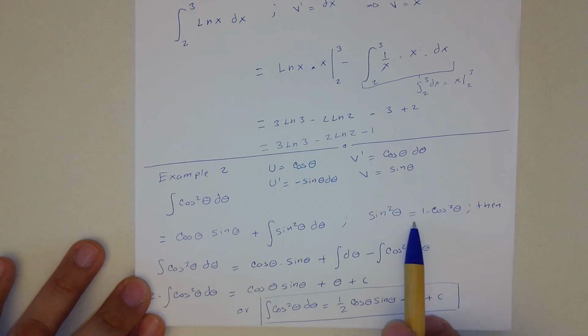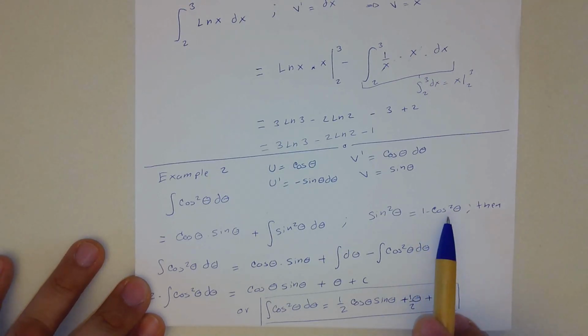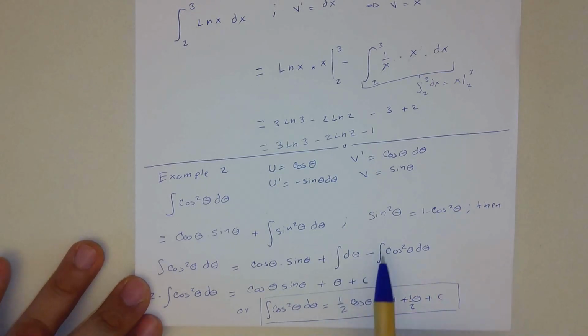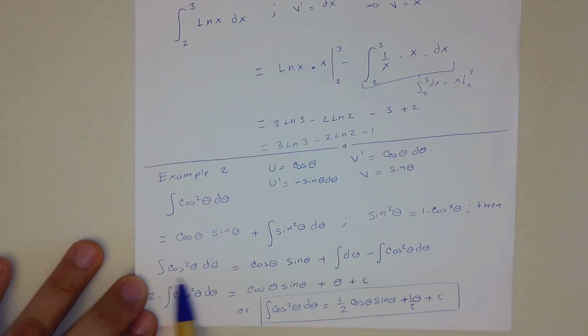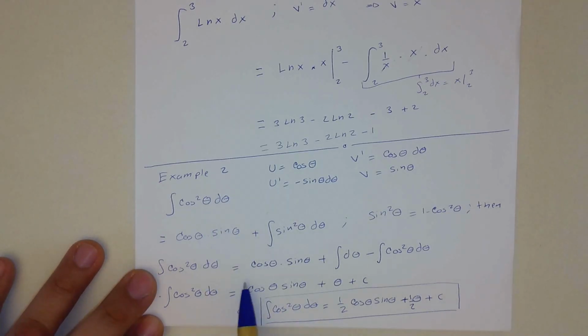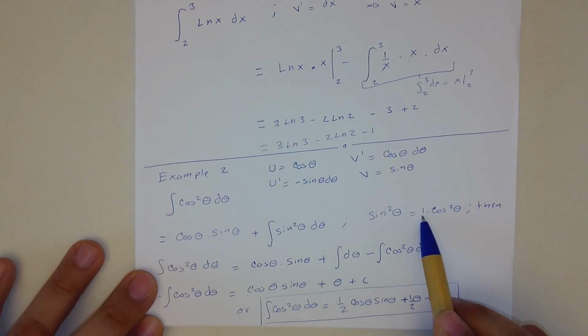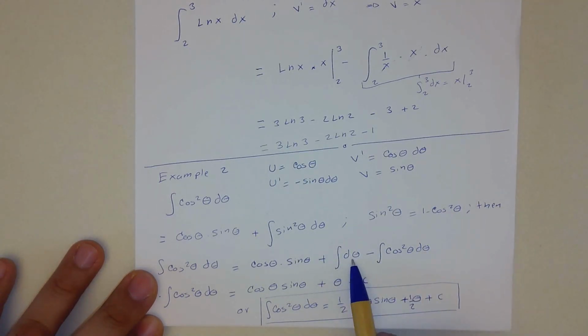Because we have 1 minus cosine squared, then this, which is basically the initial term that I have here, is equal to these two terms that we have here, plus this one that we have here, minus the integral of the cosine squared.